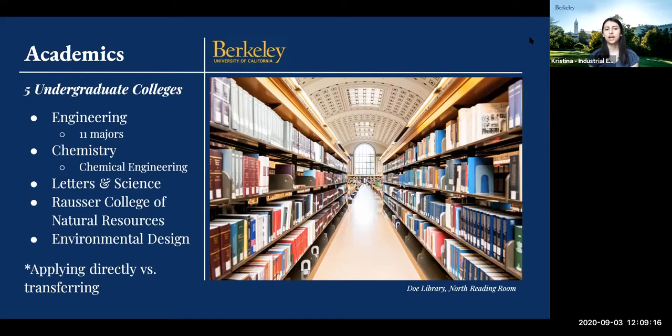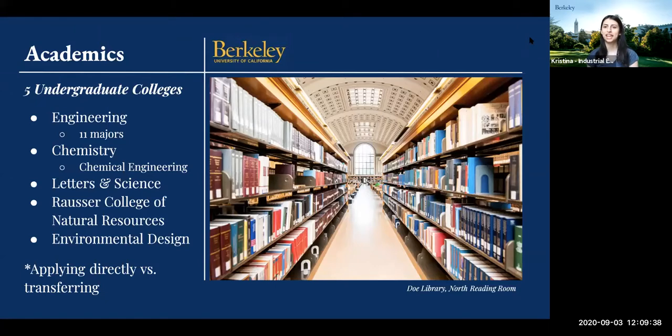Our Rausser College of Natural Resources focuses on more environmental majors and just majors focusing on sustainability and that sort of topics. And then lastly, our smallest college, our College of Environmental Design, focuses on architecture, city and regional planning, landscaping, but also focuses again on the environment.